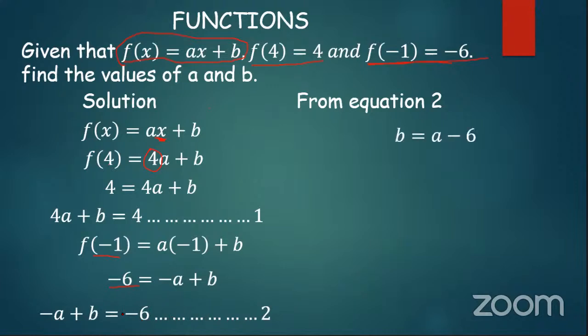What I did was make b the subject by transferring this negative a to the other side. When it transfers, it becomes positive a, and it is better for me to begin by writing a and then subtract 6. So that is why I have b is equal to a minus 6.